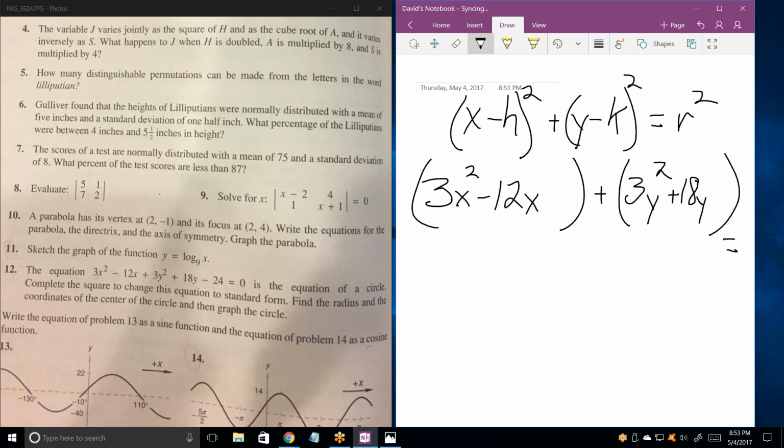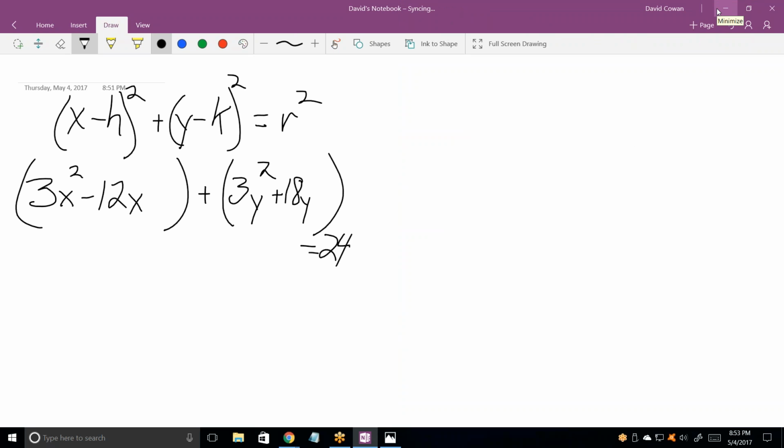And on the other side is the 24. I'm taking that 24 and moving it to the right. Excuse me, this is problem 12. Yes, it would be 24. Now, let me write this a little nicer.